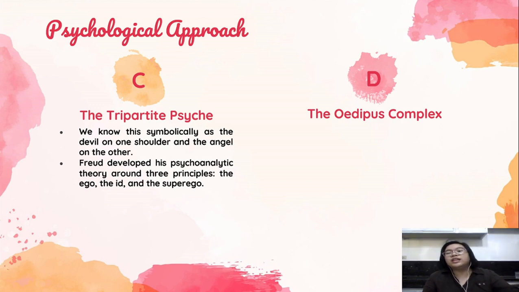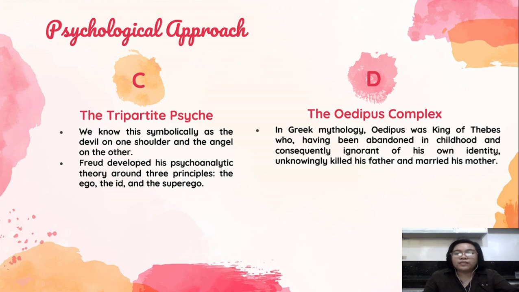Next is the Oedipus complex. In Greek mythology, Oedipus was king of Thebes, who, having been abandoned in childhood and consequently ignorant of his own identity, unknowingly killed his father and married his mother.